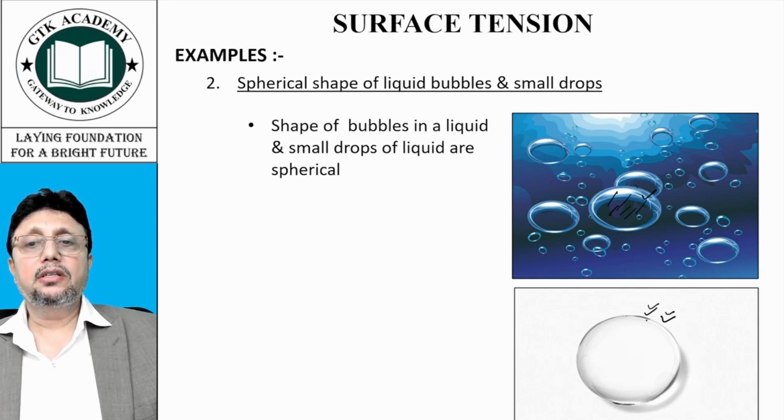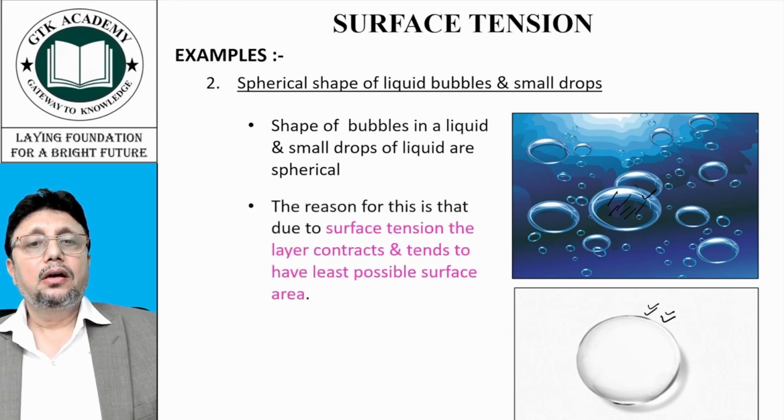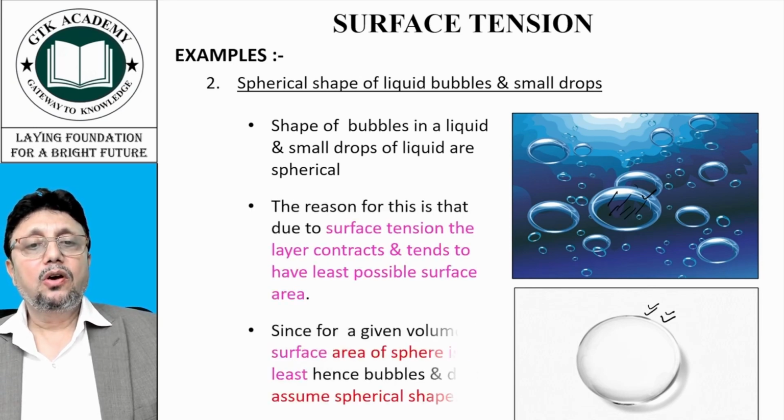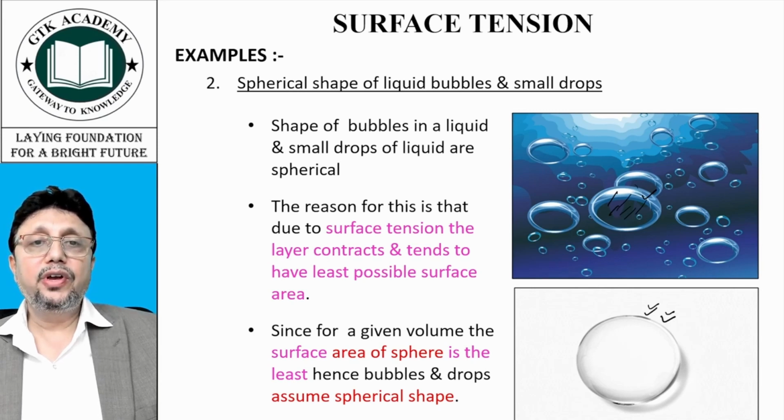And if you take this drop, there is a film. So the film tries to contract to minimum area. Now, what happens for a given volume? The surface area of a sphere is the minimum. That is why either it is a bubble or a drop, they always take the shape of a sphere.